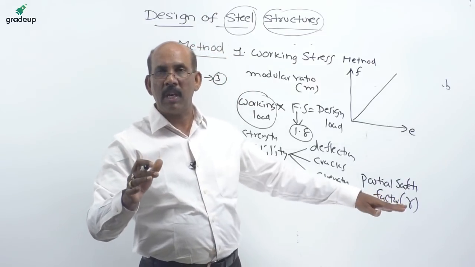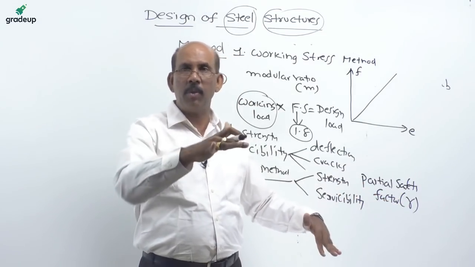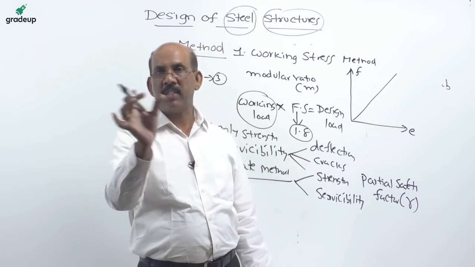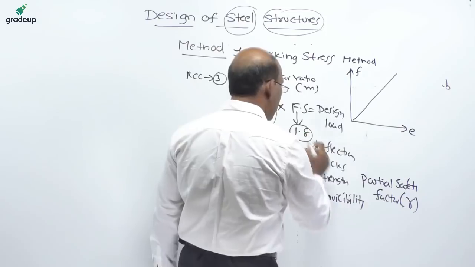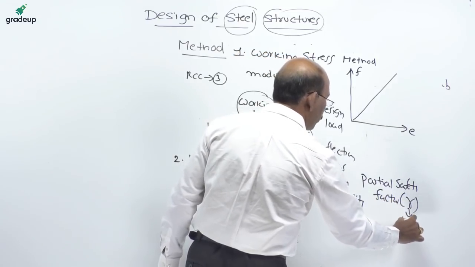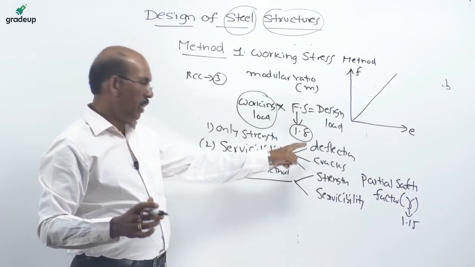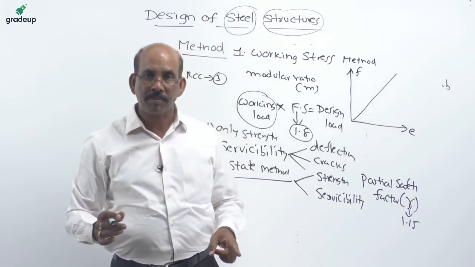Both the strength and serviceability criteria are followed, and accordingly the value of gamma taken in the limit state method is 1.15. So now we can observe it is 1.8 here and 1.15 there.